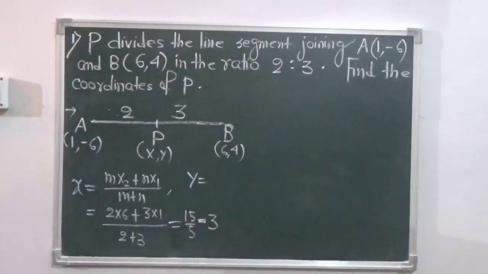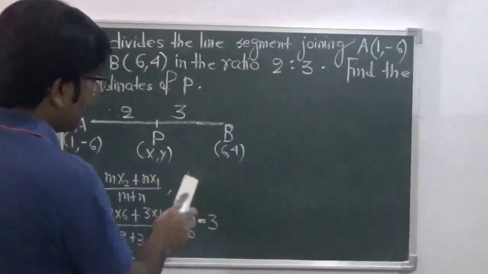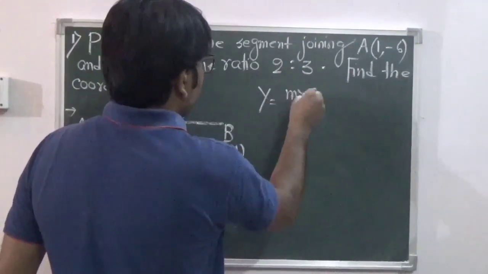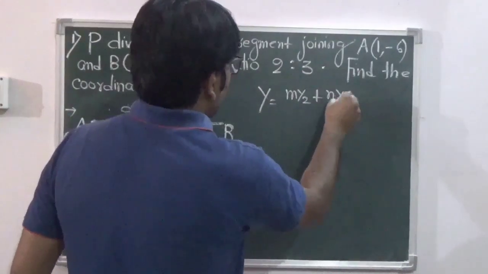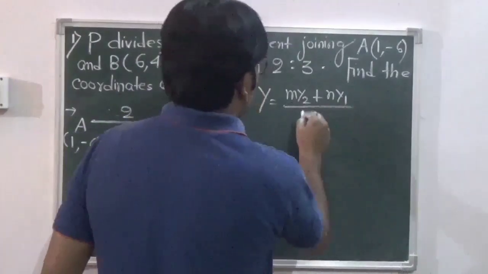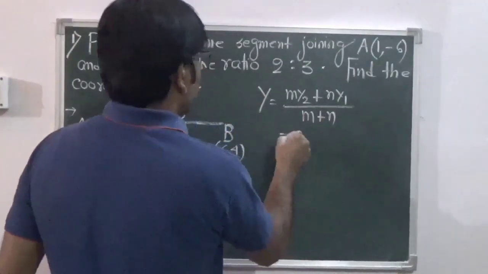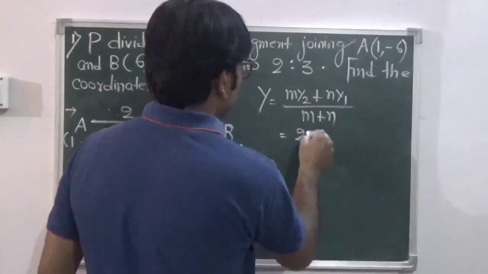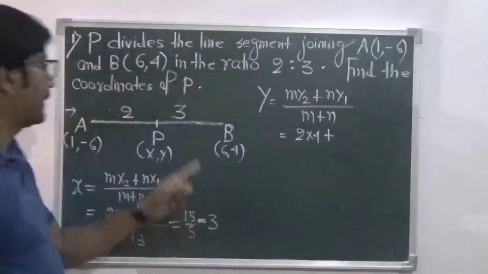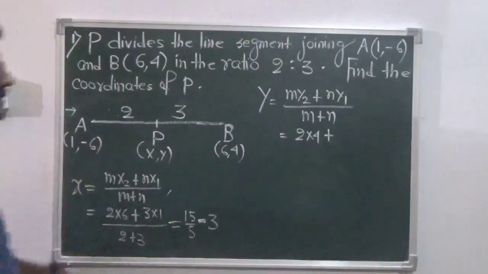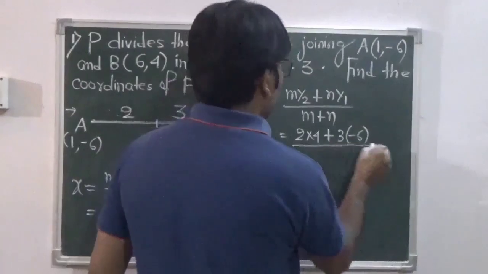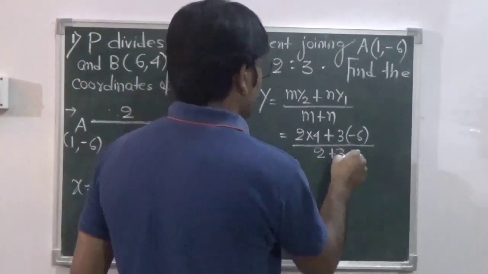Okay, now similarly for y we have y equals (M y2 plus N y1) by (M plus N). So M is 2 into 4 plus 3 into minus 6, divided by M plus N, that is 2 plus 3.